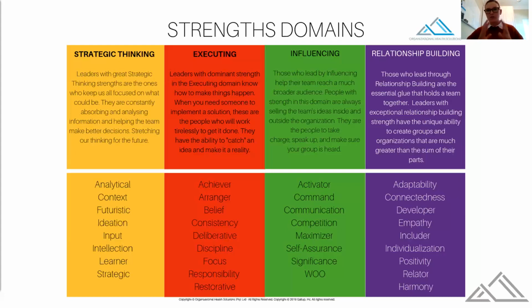I know executors are always on the run and quite fast-paced, but just to slow it down for the strategic thinkers may be important. And then also for executors to not necessarily place judgment on strategic thinkers, because strategic thinkers view thinking as executing. And also relationship builders value relationships more than the meeting agenda per se.